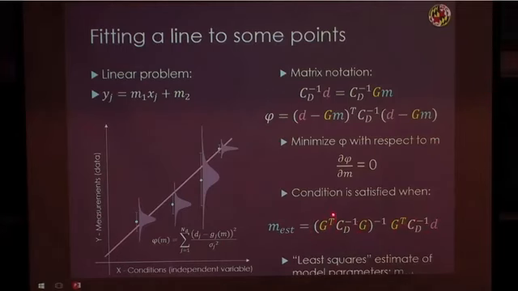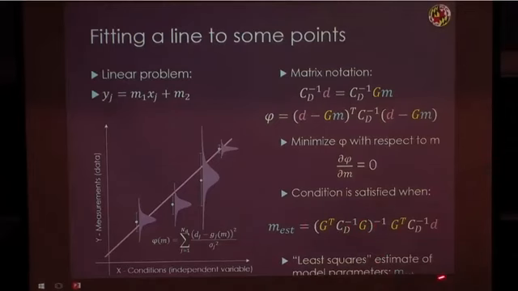In other words, it is the matrix that defines how you map from the model to the data space. You weight that matrix by this data covariance, you take the inverse, and then you have another one right here. That's again that matrix. The transpose of the matrix takes you from data to model. The matrix takes you from model to data. So they always appear in pairs. So this mest is the least squares estimate of model parameters, in the general parlance that people use.